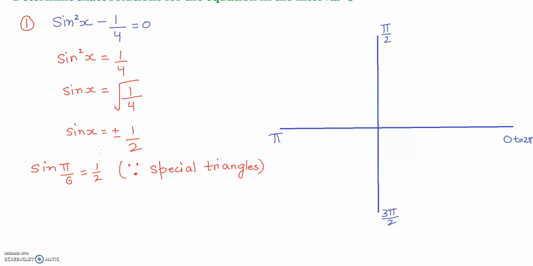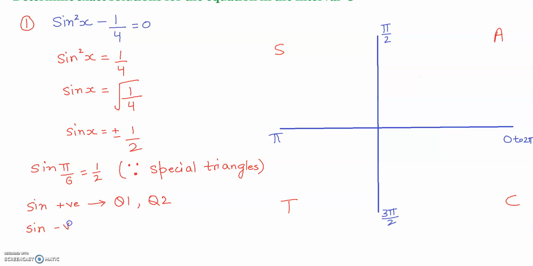From the CAST rule, which I'm going to write here, C-A-S-T, I know that sine is positive in the first and the second quadrant, and sine is negative in the third and the fourth quadrant. So I can write here, sine is positive in quadrant 1 and quadrant 2.